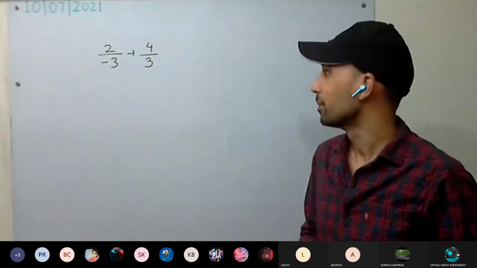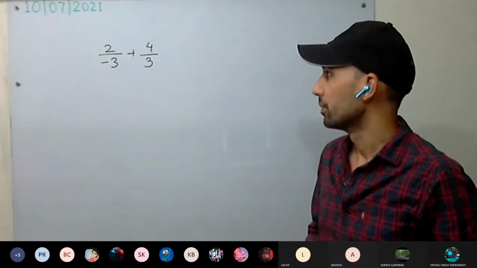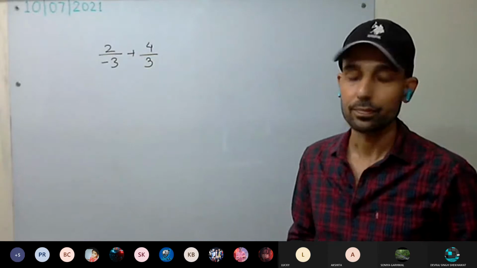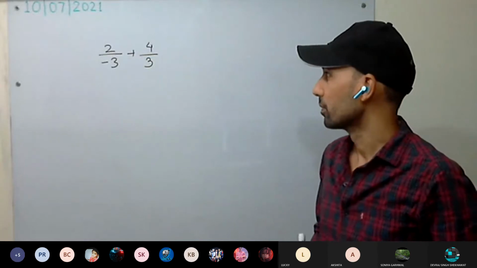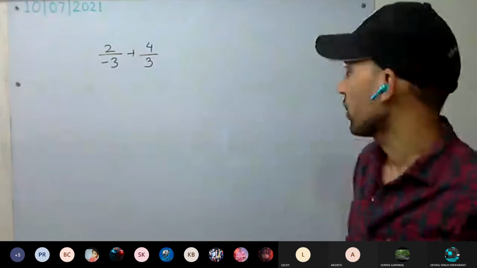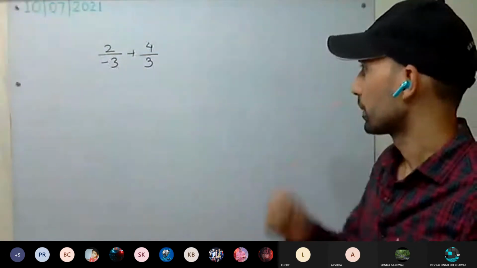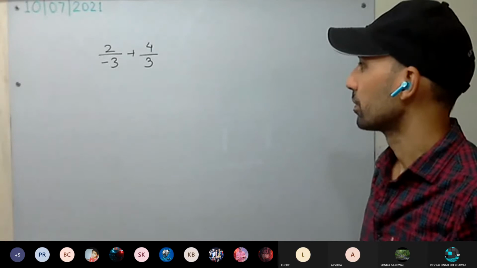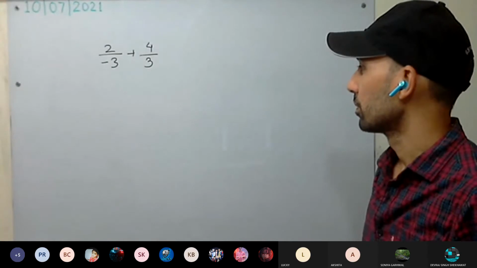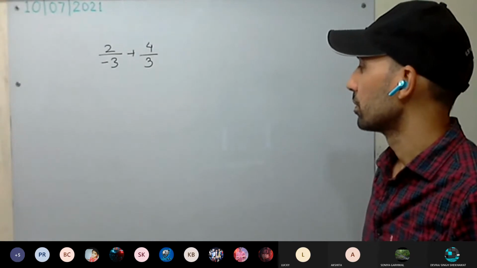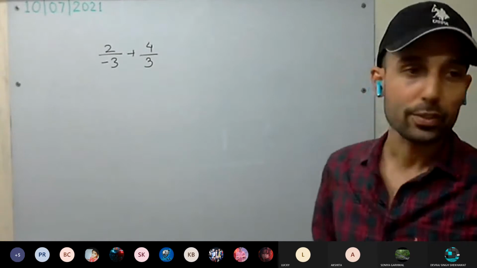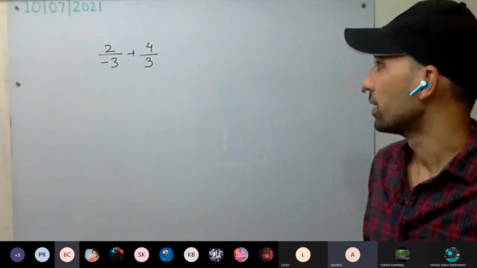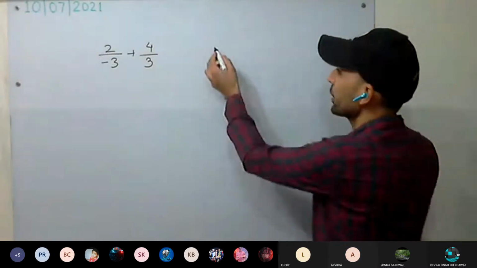Solve this one, all. How much have you got? 2 upon 3. You'll get 2 upon 3.